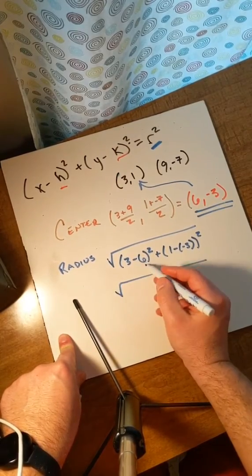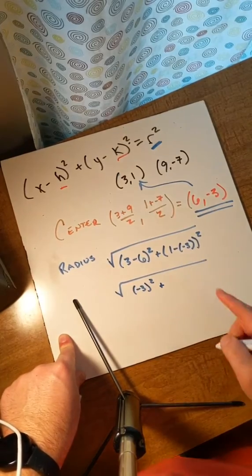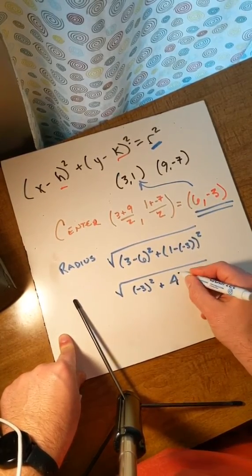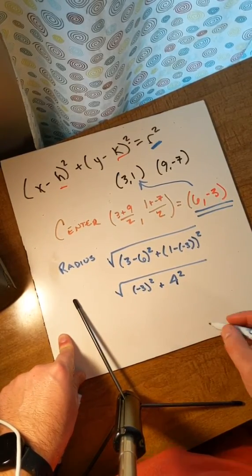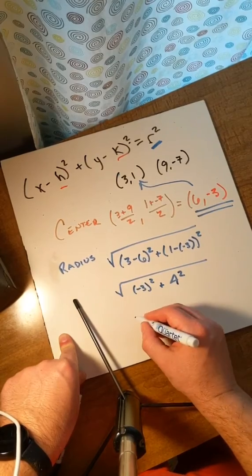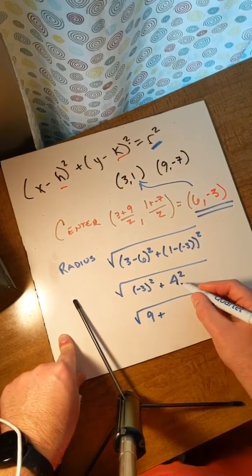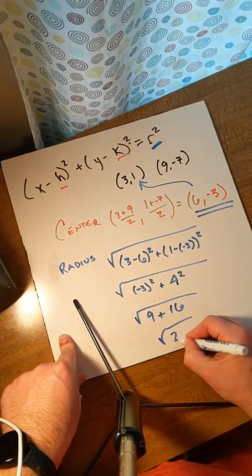All right, 3 minus 6 is negative 3, which we'll have to square. 1 minus negative 3, I'm double checking this now, that'd be 4 squared. Now we'll square these. Negative 3 squared is positive 9. 4 squared is positive 16, and we add them up together and we get 25.